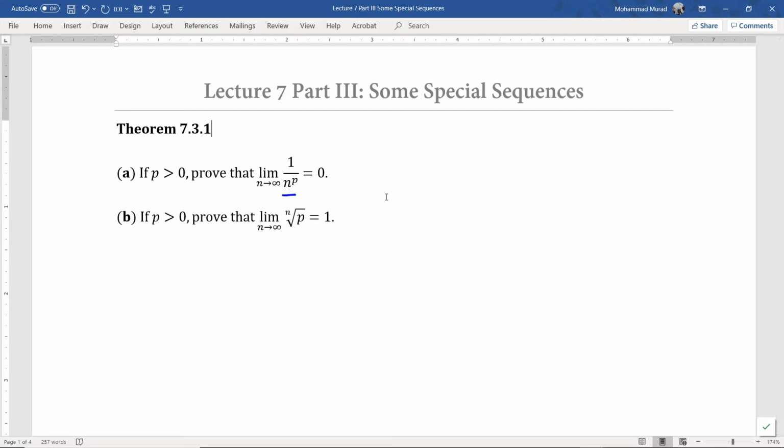If p is a positive real number, then the limit of the nth root of p as n approaches infinity equals 1. The limit of the nth root of n as n approaches infinity equals 1.